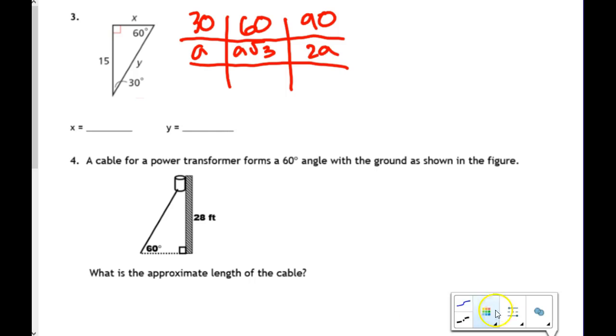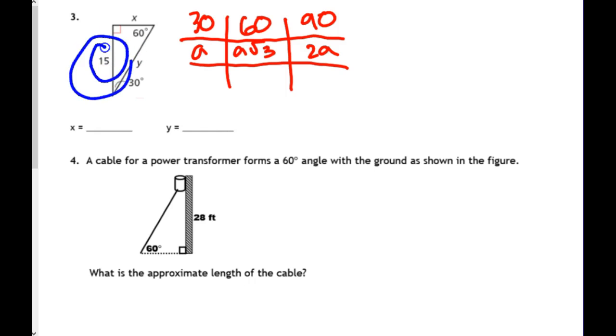Now, ladies and gents, which side do I know? 15. Very good. So 15 is across from what? 60. So underneath 60, I'm going to put 15.